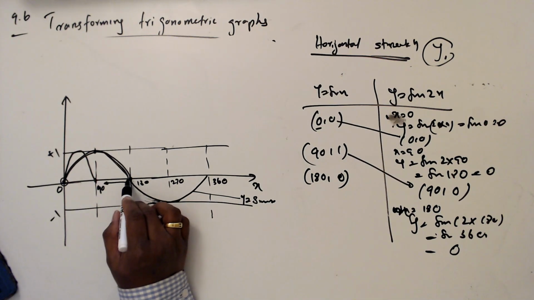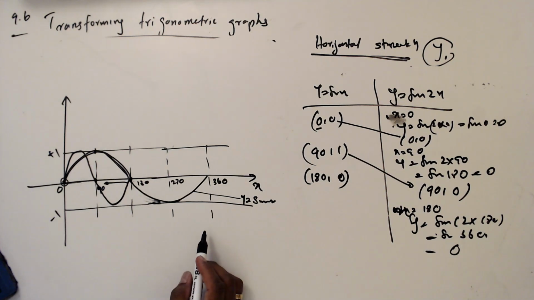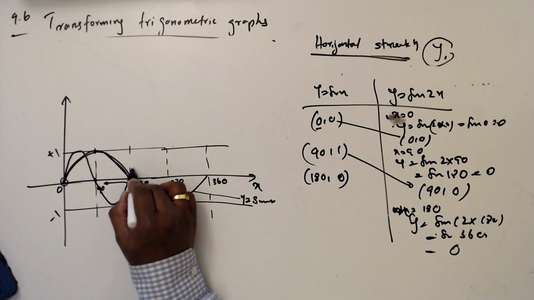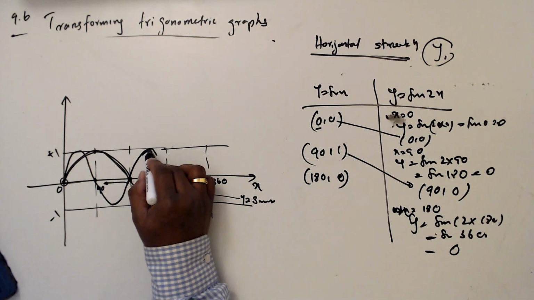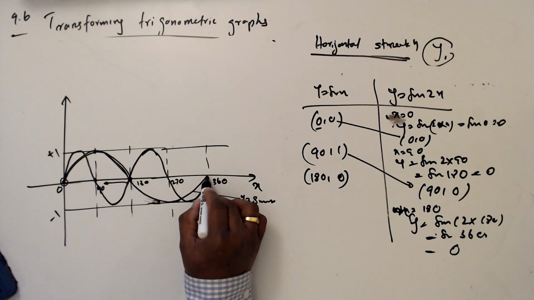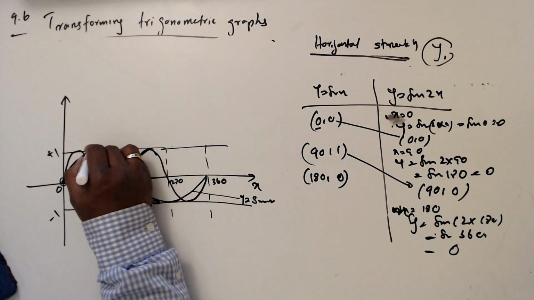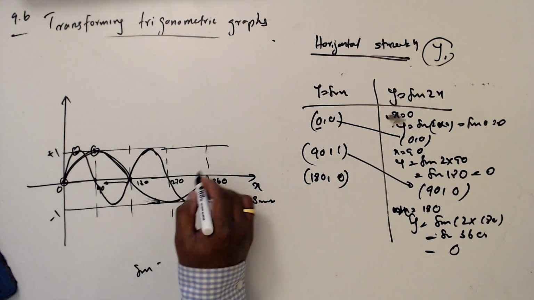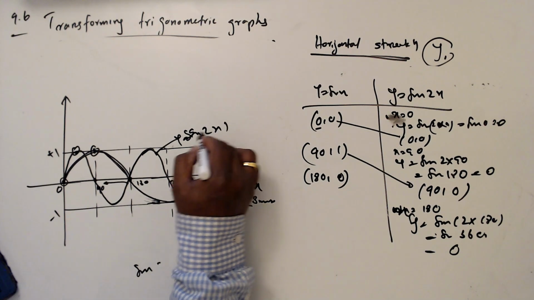Now this point stays the same, but it's going to be like this. And likewise, it's going to be like this. When you look at those 2 points now, this is the y equals sine 2x graph.